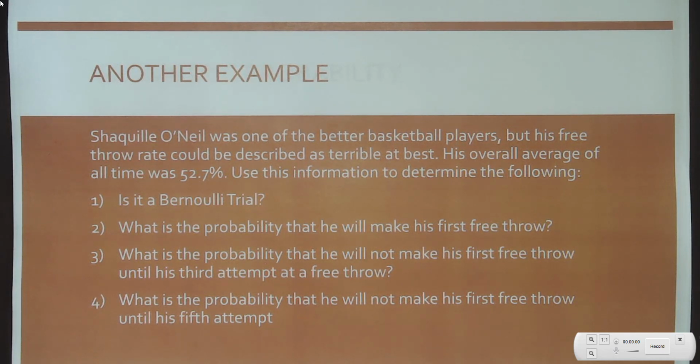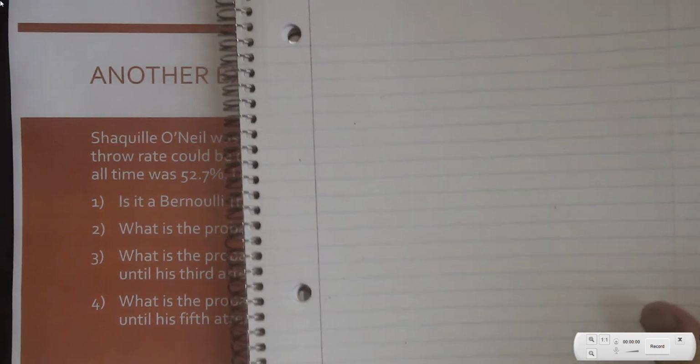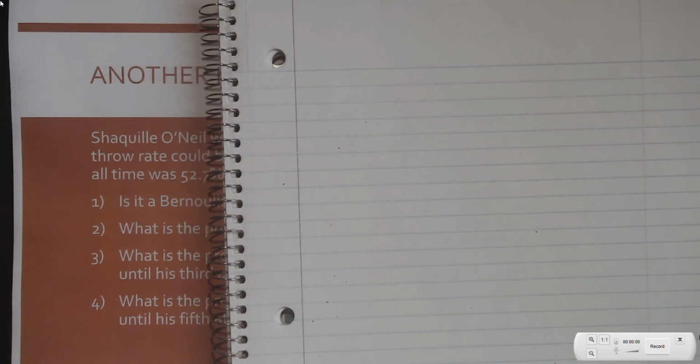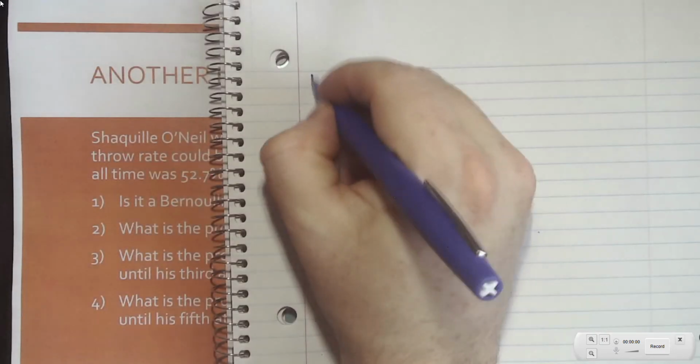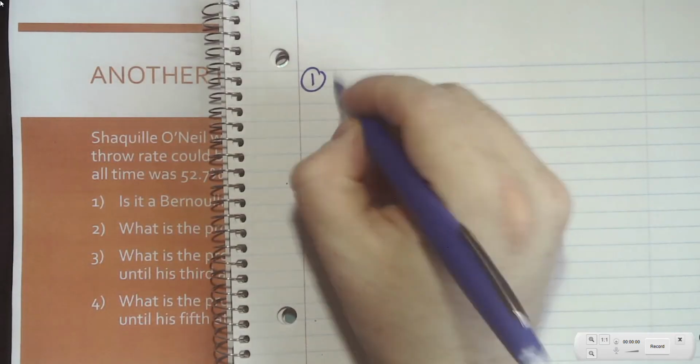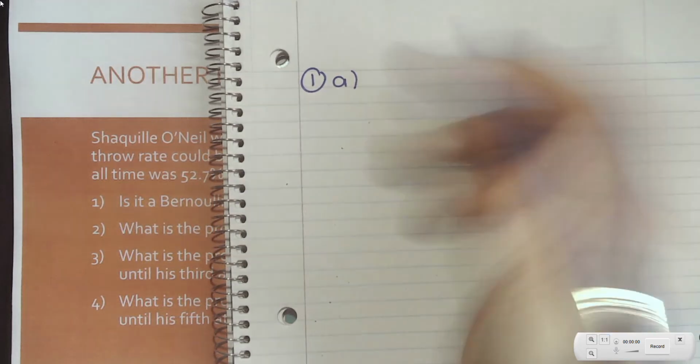Use this information to determine the following. First question: is it a Bernoulli trial? So, let's look at that real fast. To be a Bernoulli trial, we have A: does it have a probability?